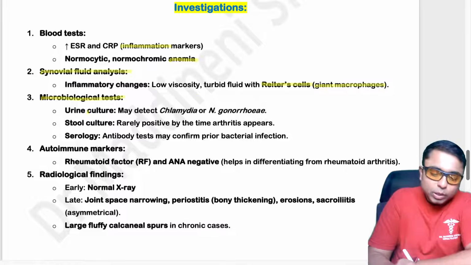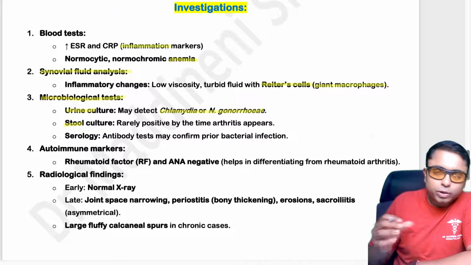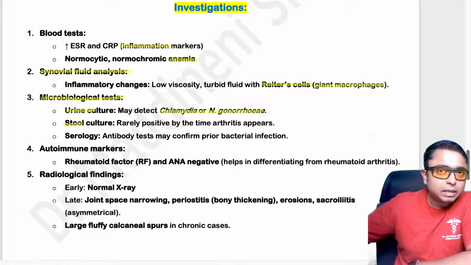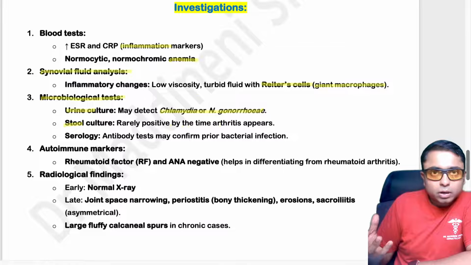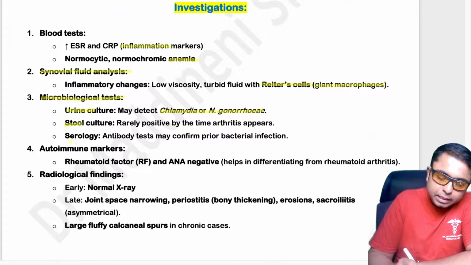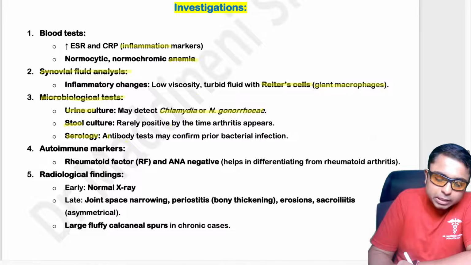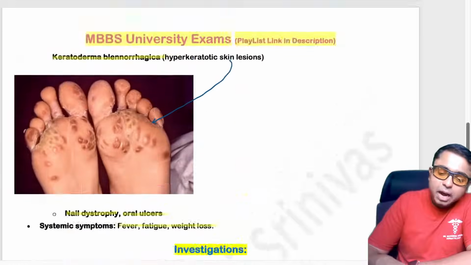Microbiological tests: urine culture may detect Chlamydia or Neisseria. Stool culture is only rarely going to show the organisms, because by the time arthritis has clinically kicked in, the microorganisms may not be seen in the stool culture. Serology may help because antibodies may be present, as it is seen 1 to 3 weeks after the infection.